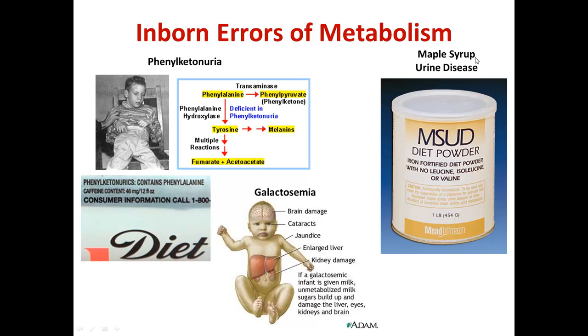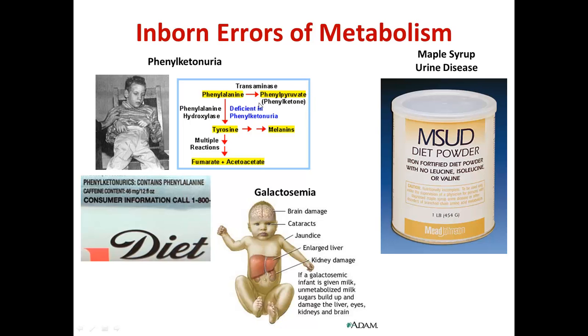So here we see one example, phenylketonuria. This is a disease in which the patients are deficient in the enzyme phenylalanine hydroxylase. Because they're lacking this enzyme, they can't convert phenylalanine to tyrosine, which leads to a backup in the amount of phenylalanine, which is shunted off to be converted into phenylpyruvate or phenylketone.